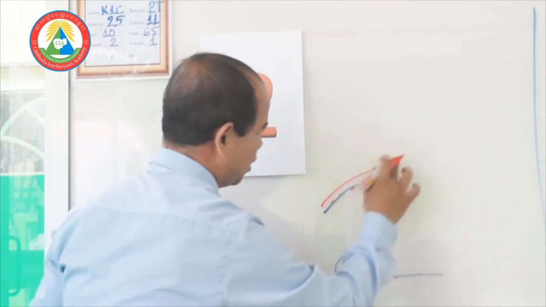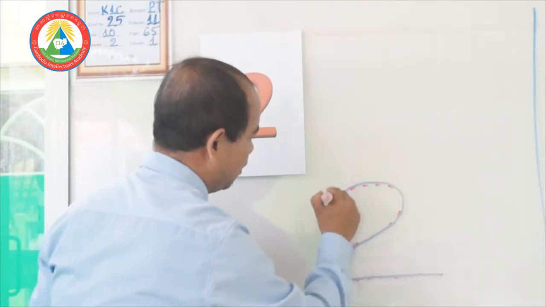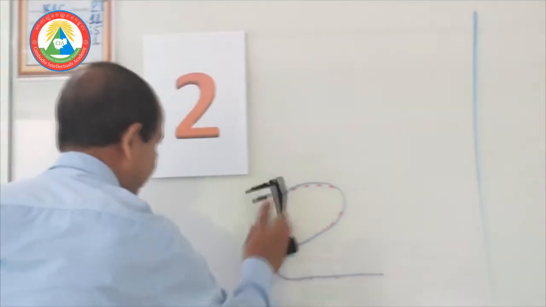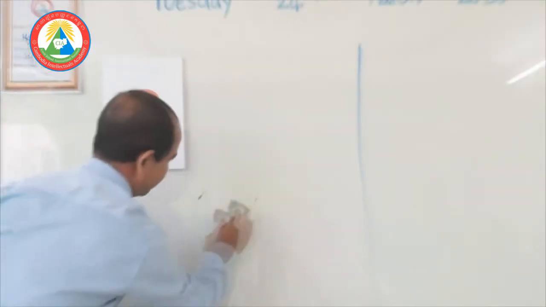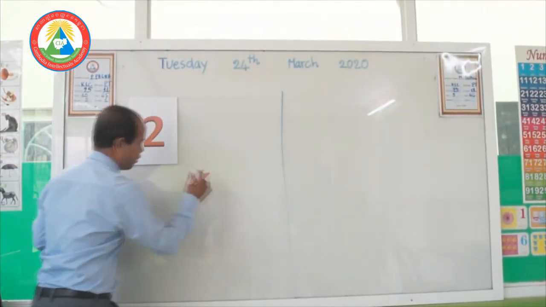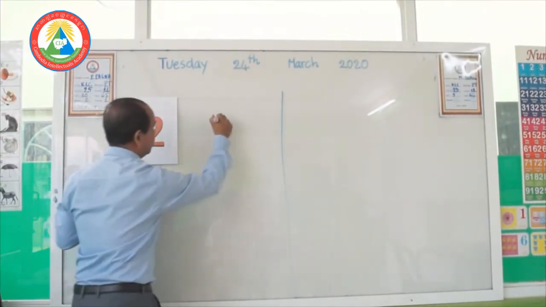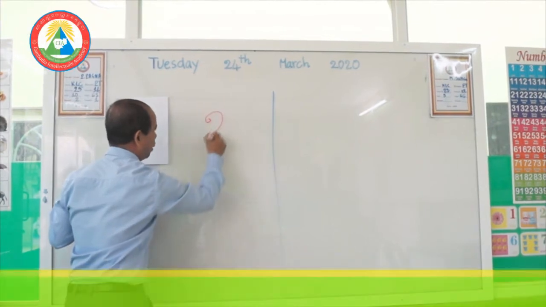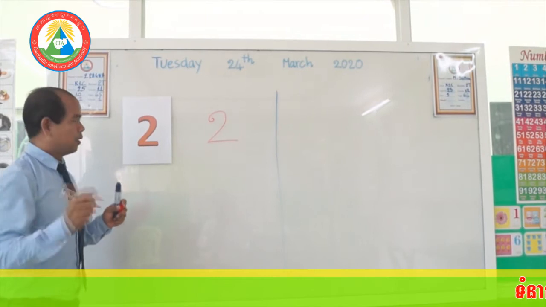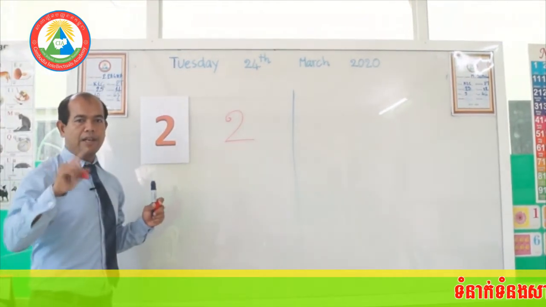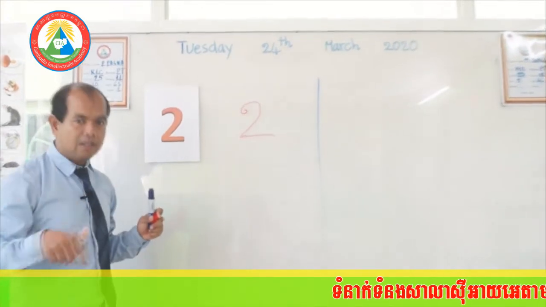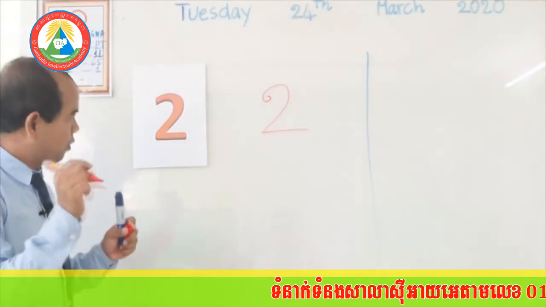When you go like this, I will show you again how to write it. Now we start writing number 2. The first time if you don't write it clearly and beautifully, don't worry. Just follow me. Follow to write.